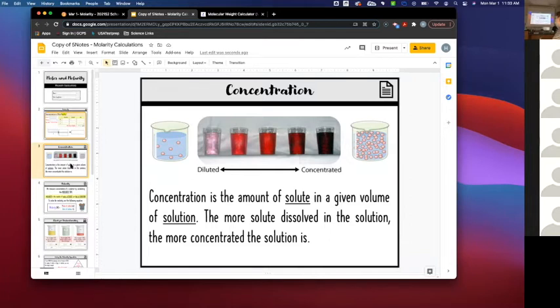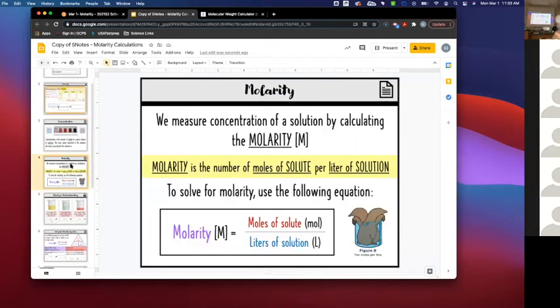That's what concentration is. Now, here's what molarity is. We've talked about moles, and how to find moles. Molarity is the concentration of a solution using moles per liter. So it says molarity is the number of moles of solute per liter of solution. If we made 2 liters of sweet tea, y'all know what a 2 liter bottle looks like, then down here on the bottom it would be 2 liters.